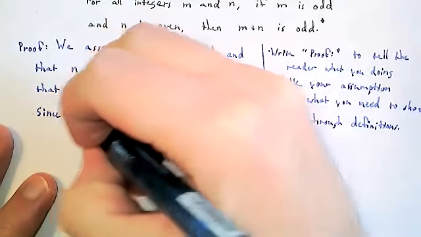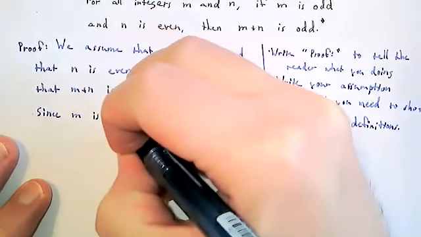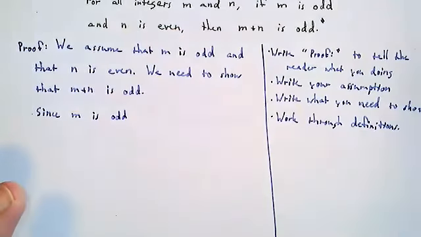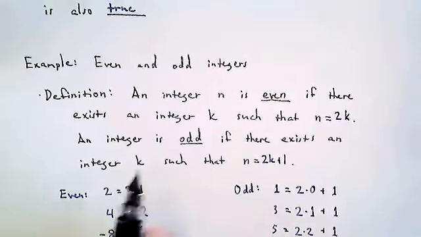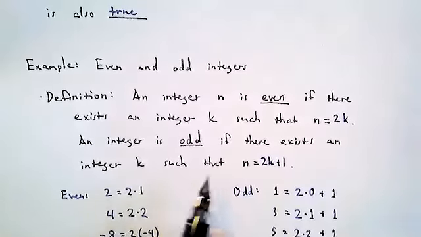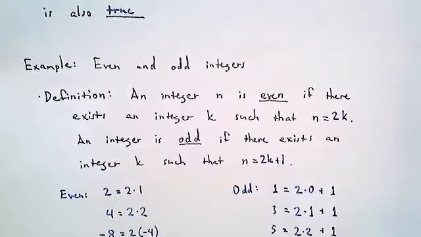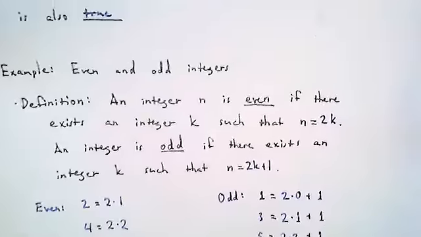Since m is odd, we go back to the definition that says that there is an integer k such that m is equal to 2k plus 1.